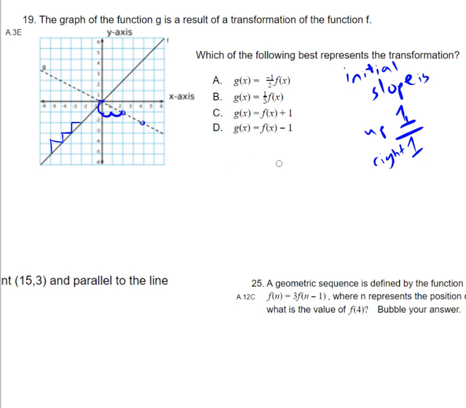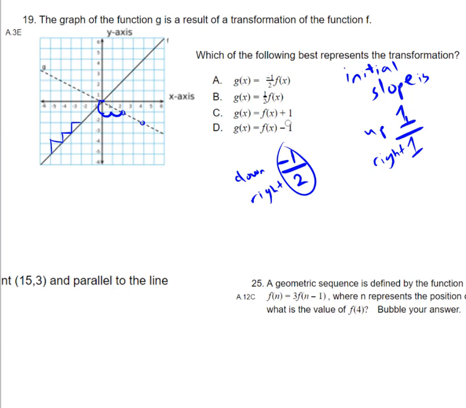In other words, that's minus 1 and to the right 2. So I should see something with a negative 1/2 if I did that right. And in fact, I do have a negative 1/2.